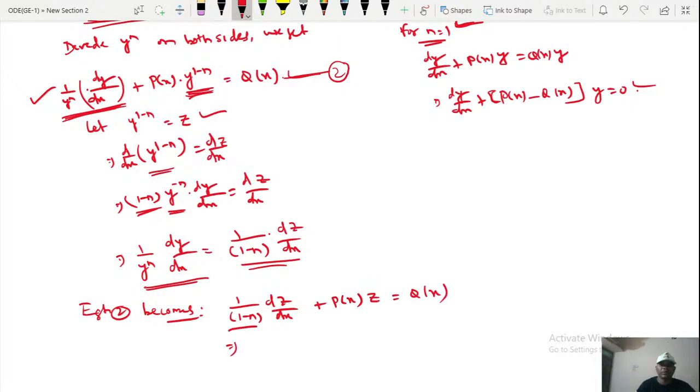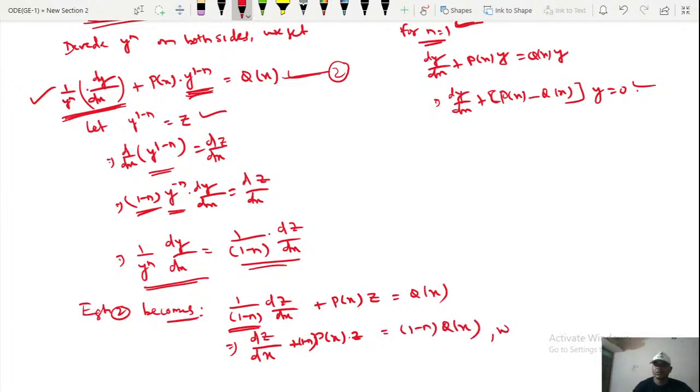If I multiply 1 minus n on both sides, this will be dz by dx plus 1 minus n into p of x into z equal to 1 minus n into q of x.